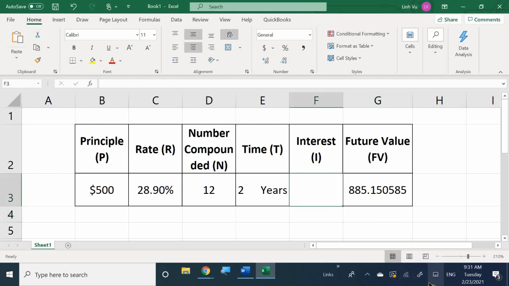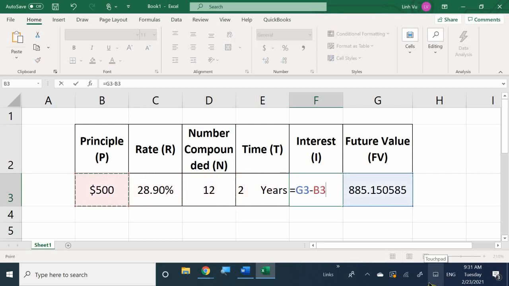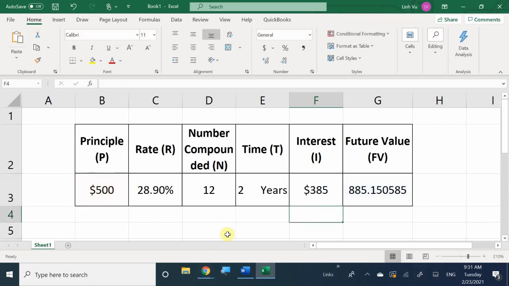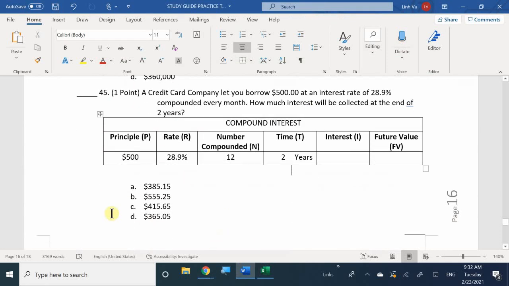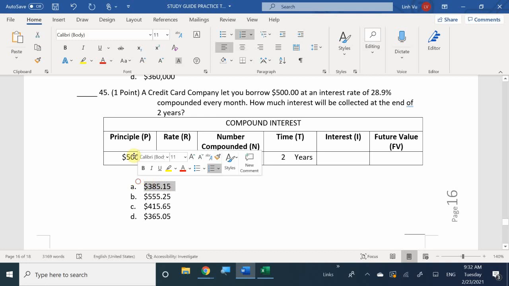So therefore, how much is my interest going to be? So it's the future value minus the principal. Correct. 385.15. So let's take a look at my answers. Do I have a 385.15? Yes. A. Yes, you do.